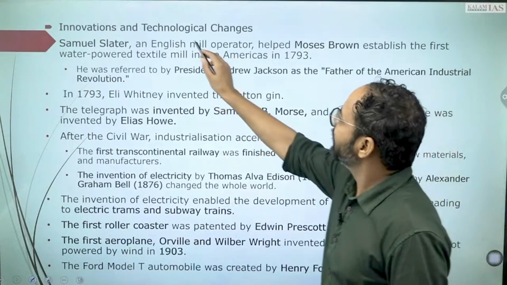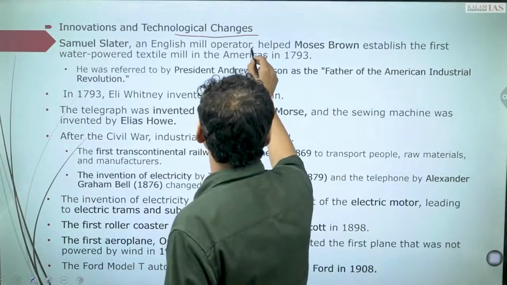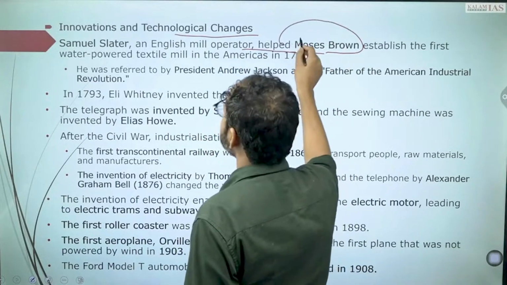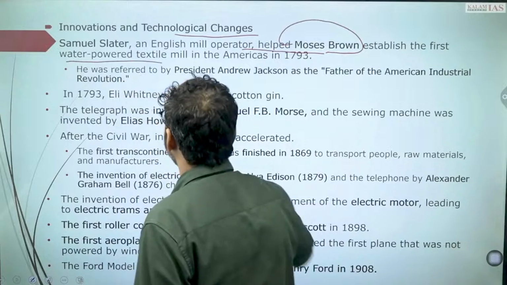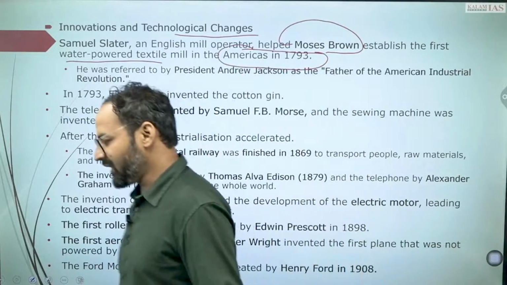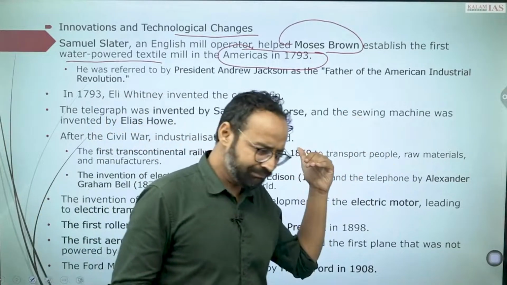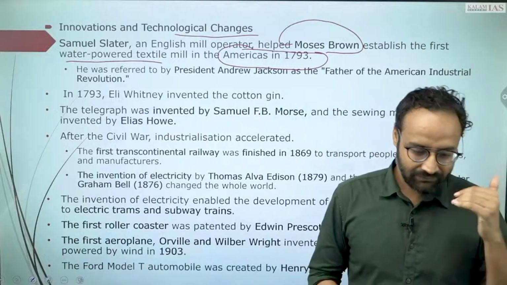So, innovation of technology. Samuel Slater, an English mill operator, helped Moses Brown establish the first water-powered textile mill in the Americas in the 1790s. Means the producers, the innovators of Britain were going to the Americas.